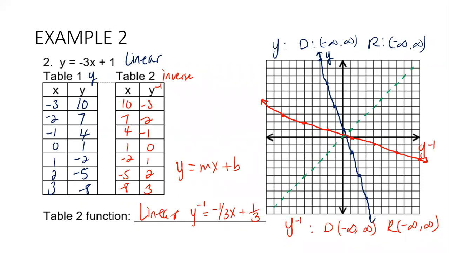All right, what are your questions about example 2? It's going to always be y equals x. If you graphed it with a ruler, there would be. Yeah.